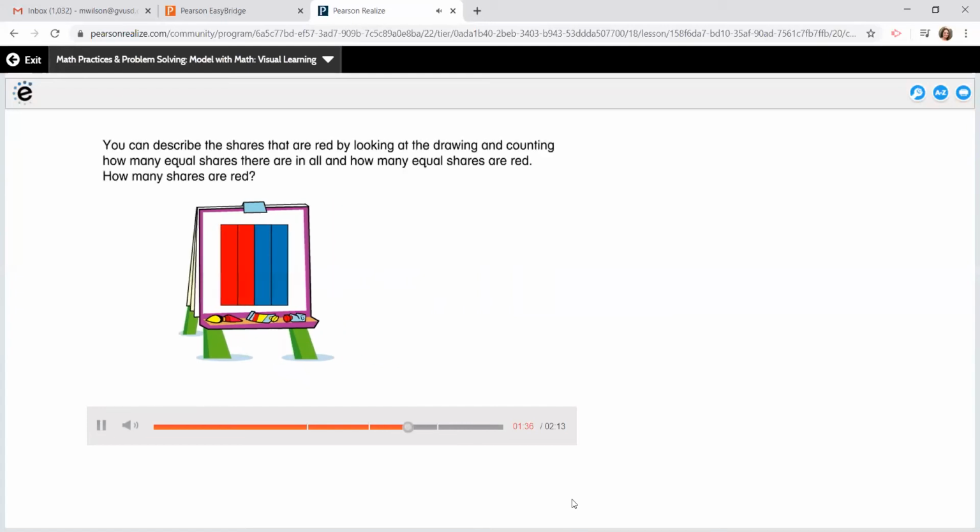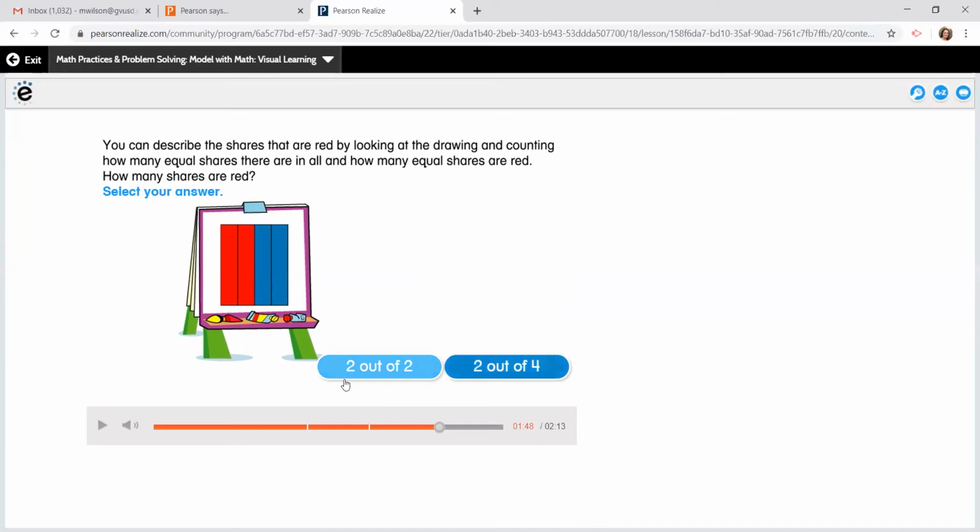You can describe the shares that are red by looking at the drawing and counting how many equal shares there are in all, and how many equal shares are red. How many shares are red? Select your answer. How many shares are red? Let's look at our choices.